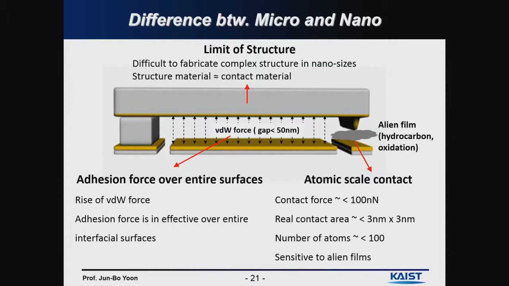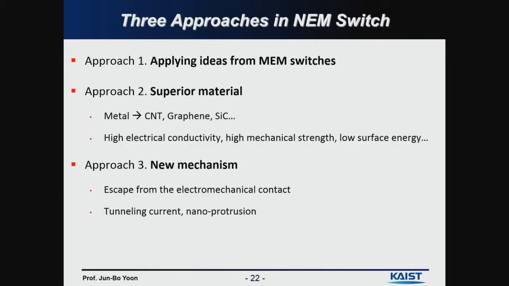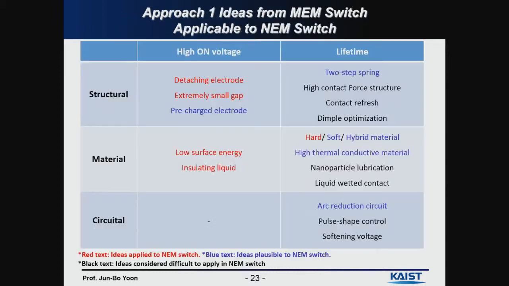Also, the contact region is already at the atomic scale, so the contact force is very small, and the contact area is also very small. The number of atoms is very small, and it is very sensitive to alien films, such as hydrocarbon and oxidation. So I'd like to show you three approaches.